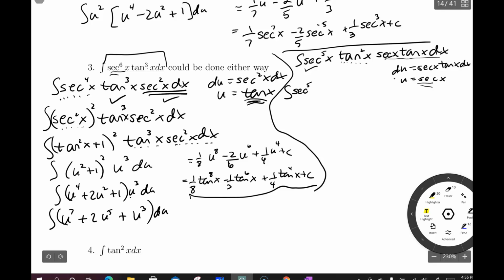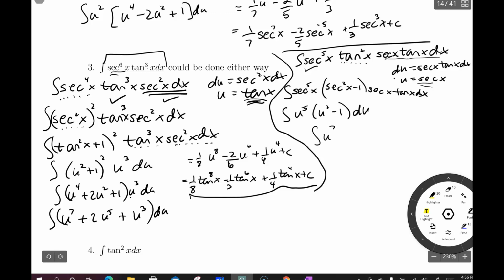So let's do that. So tangent squared is equal to secant squared x minus 1. Oops, sorry, kind of messy here. Okay, now I'm ready for my u substitution to work. So this is u to the fifth, u squared minus 1 du.